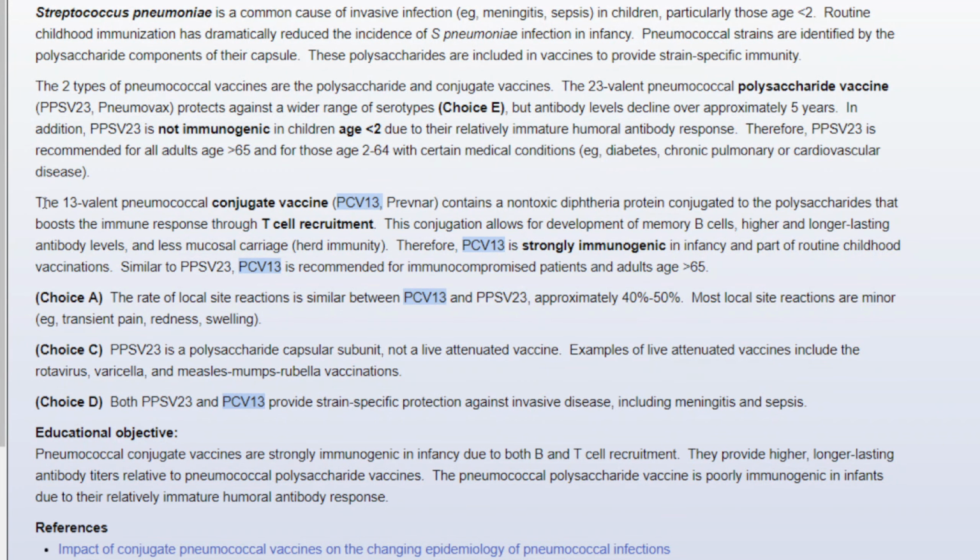On the other side, the 13-valent pneumococcal conjugated vaccine, the PCV13. Remember, the lower number is for the kids. The bigger number, 23, is for adults. I hope that helped you. Thank you, guys.